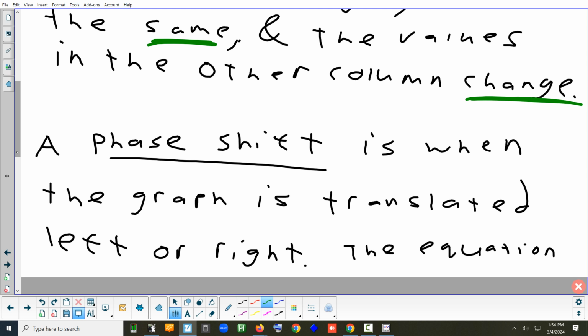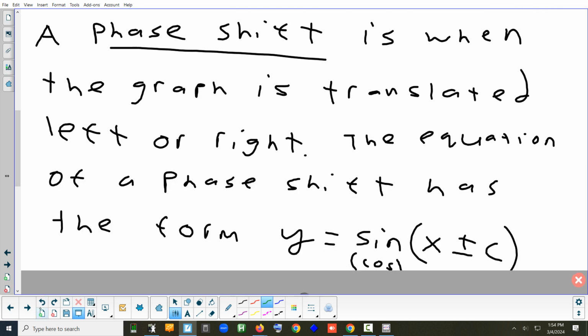Adding or subtracting. Yeah, whenever you do a shifting, it's always adding or subtracting. Now, if you're shifting horizontally, is that adding or subtracting inside the parentheses or outside? Inside. If you did it outside, that would be a vertical shift. Okay, we're going to be doing it inside.